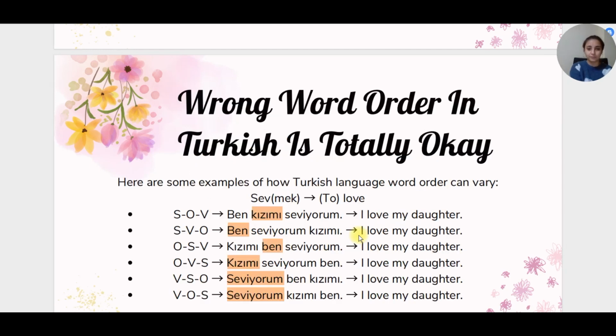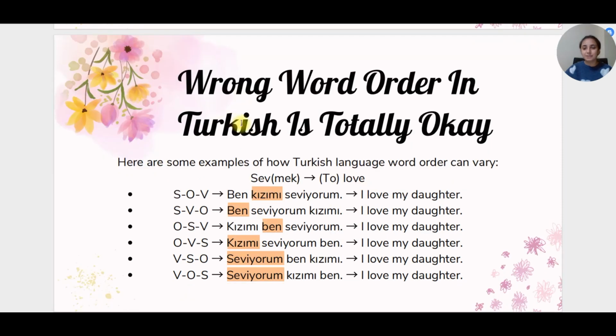Okay, here we go. And the next one is actually good news. Wrong word order in Turkish is totally okay. What I mean is, in English you can change the word order in your sentence, but not as flexibly as in Turkish.